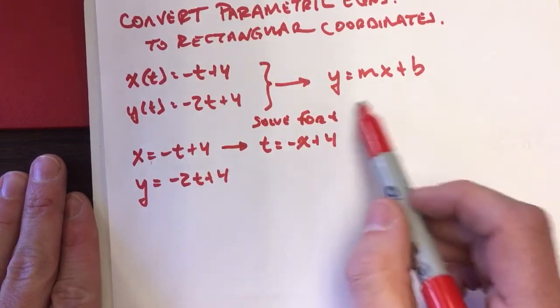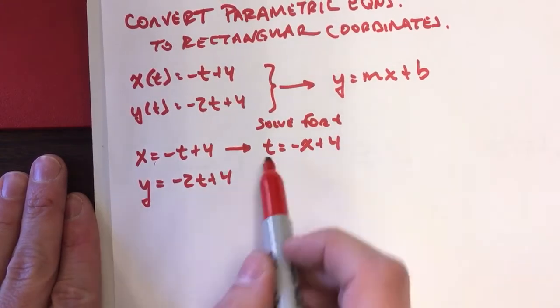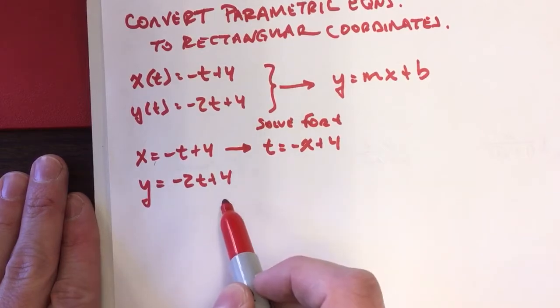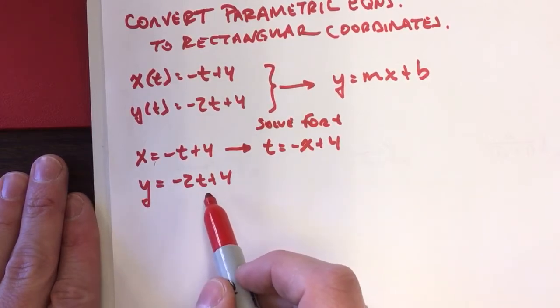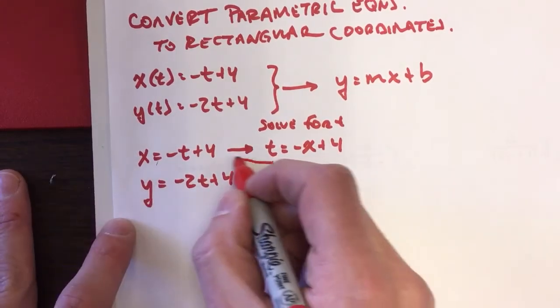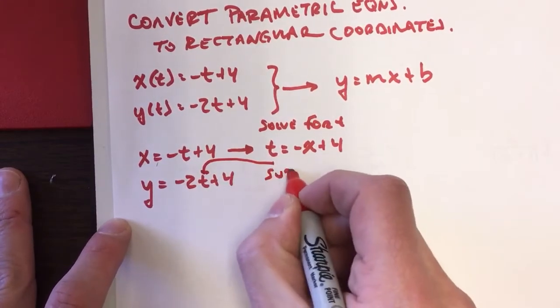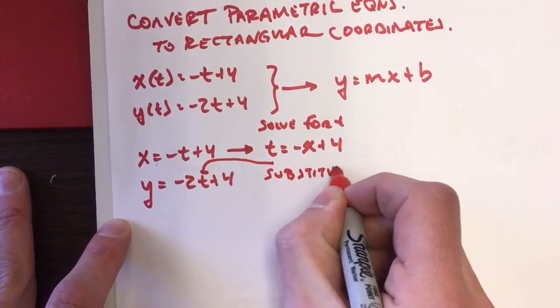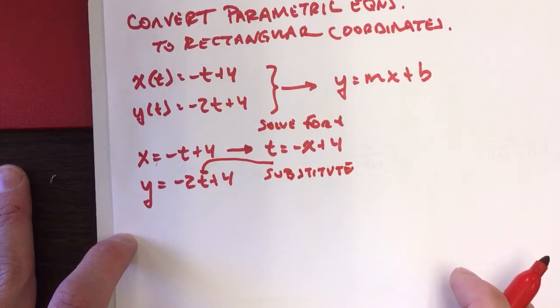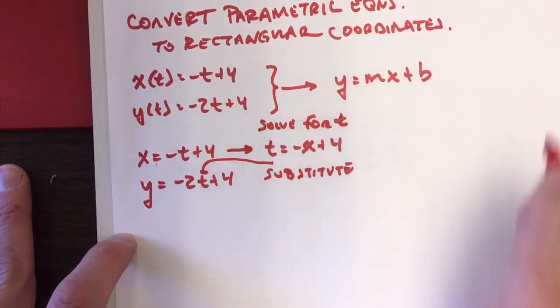Now we need to take this and turn this into y equals mx plus b. Since I've got t equals negative x plus 4, how can I get rid of t in the other equation, in the y? Substitute. Solve for t.